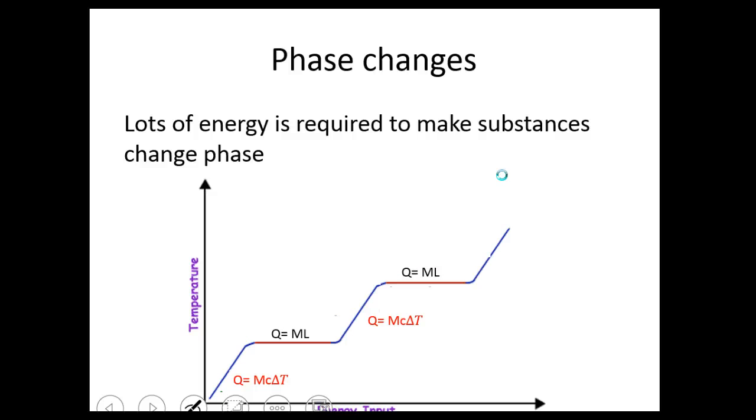If we're looking at taking something completely from a solid to a gas, running the full spectrum, then we're going to have to look at the heat that it takes to heat the solid to melting, and then the heat that it takes to actually melt that solid, the heat it takes to raise the liquid to boiling point, and then the heat that it actually takes to vaporize whatever we're looking at.